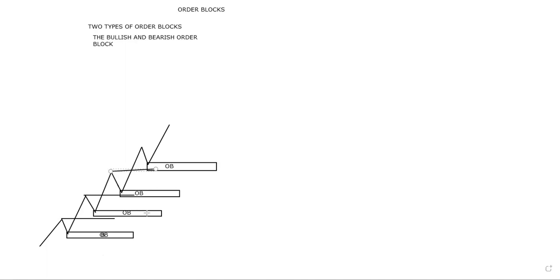Now, this is an example of a bullish order block, because the market is moving up. Then you want to plot the order block at the last bearish candle that forms, because it is the last bearish candle that is responsible for the push to the high side of these order blocks.